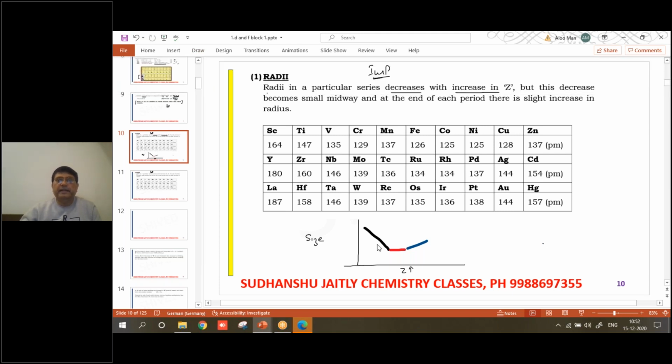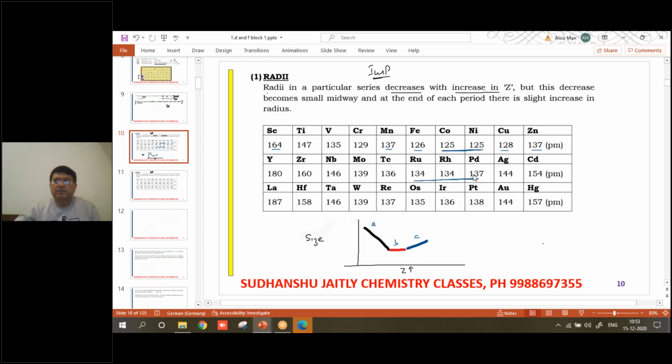As Z increases, पहले size decreases, midway it becomes practically constant, and at the end it increases. डाटा याद नहीं करना, ये ग्राफ को मन में रखना है. 164, 147, and so on, it will be averaged. बीच में deviations आती, 135, 129, 137. ट्रेंड देखो, it is decreasing. ट्रेंड देखो, प्रैक्टिकली बहुत कम decrease हो रहा है, constant सा रहा है. ट्रेंड it increases. 180, 160, 134 decreases, practically remaining constant.